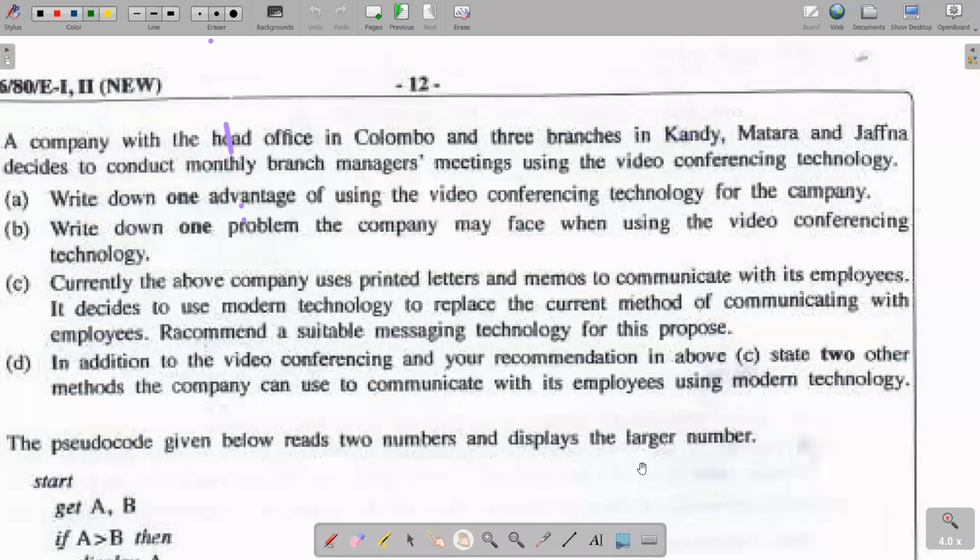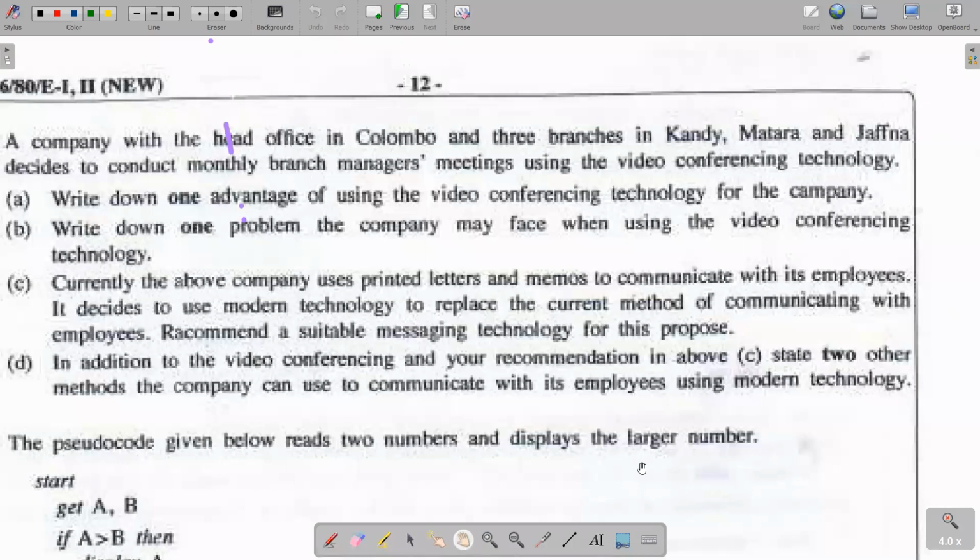Right, so write down one advantage of using video conferencing technology for the company. You don't need to gather geographically, the time frame will be freed. So you can contact the people at any time.